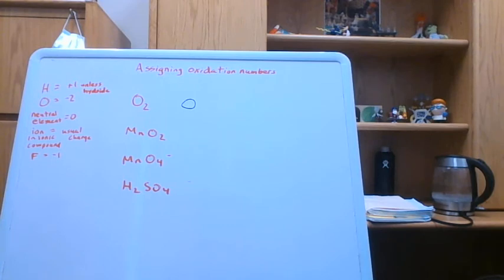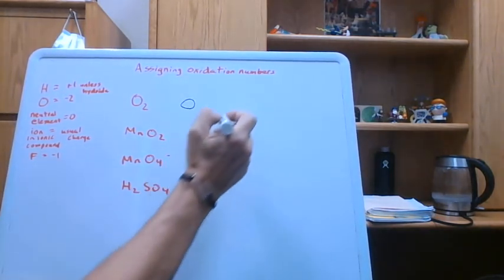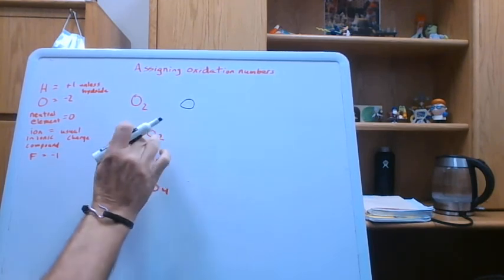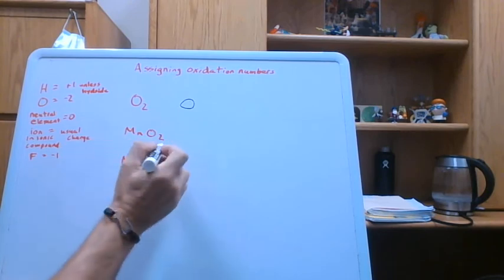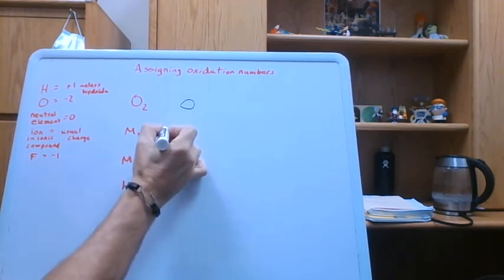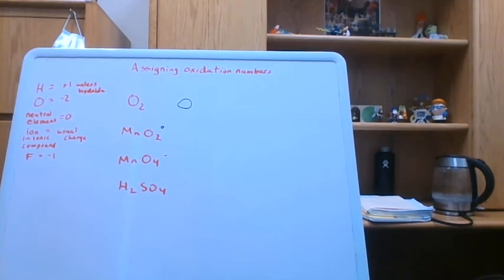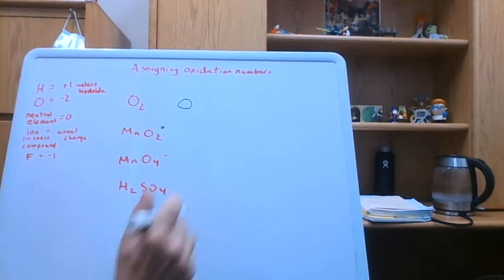Now if we go on to something like MnO2, we'd look at our rules and see, are there any that apply? And here we see that oxygen normally has a -2 charge. The sum of the oxidation numbers has to equal the charge on the compound, so we don't write it here, but there's a 0 charge. So the oxidation number we assign to the manganese has to offset the total oxidation assigned to the oxygen.